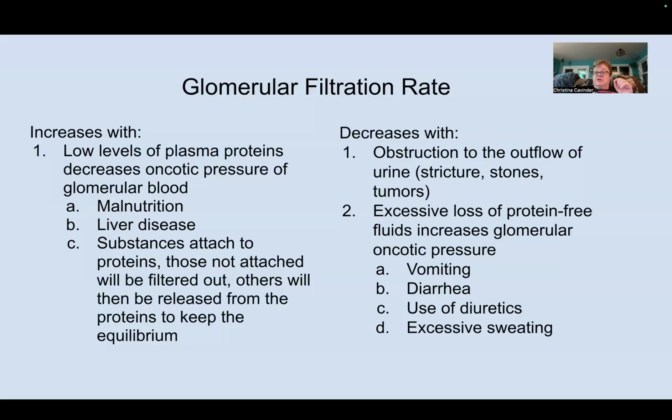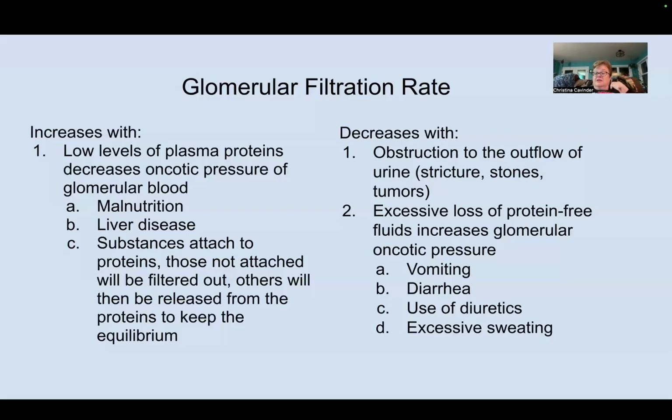So if you have a stricture or stones or something where the urine cannot be removed, then that will cause damage in the nephron and it doesn't do a very good job of filtration, and you have scar tissue or fibrotic tissue forming in the nephron, and that's kidney damage that's not going to be fixed and you can't filter through it. Or you have excess loss of protein-free fluids, and that increases glomerular oncotic pressure.